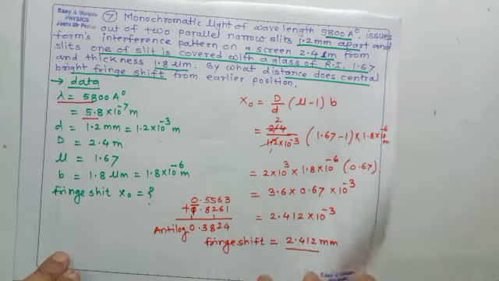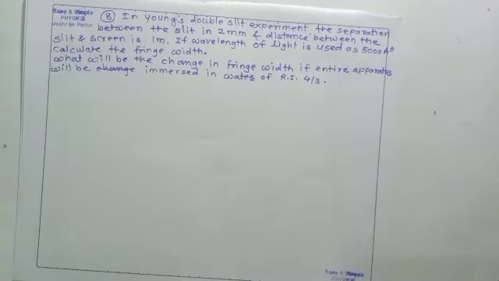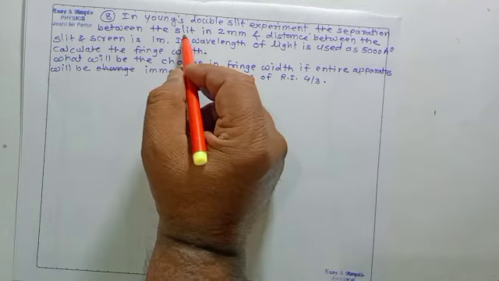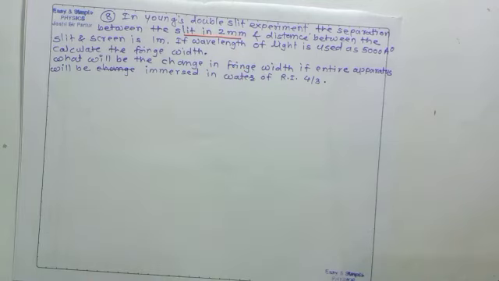So again, let us solve example number 8. In Young's double slit experiment, the separation between the slits is 2 millimeter, and the distance between slit and screen is 1 meter. The wavelength of light is 5000 angstrom unit.